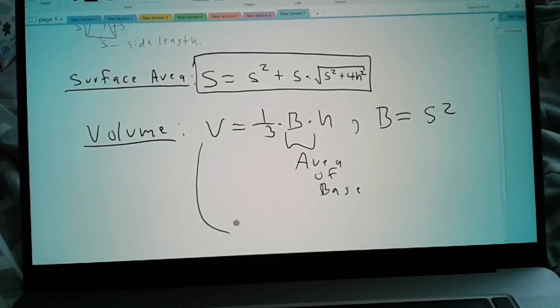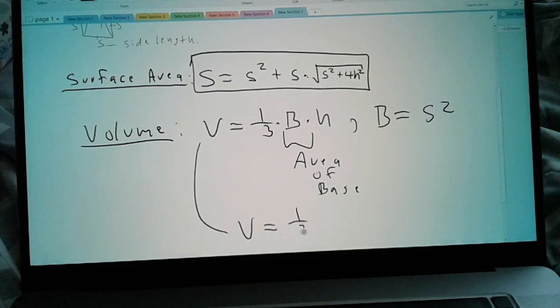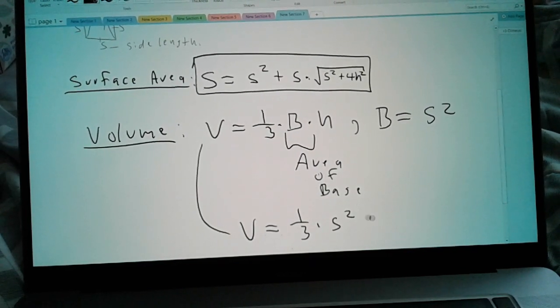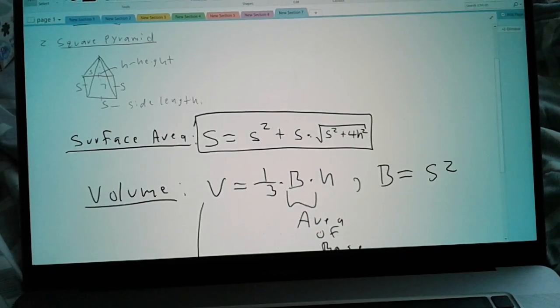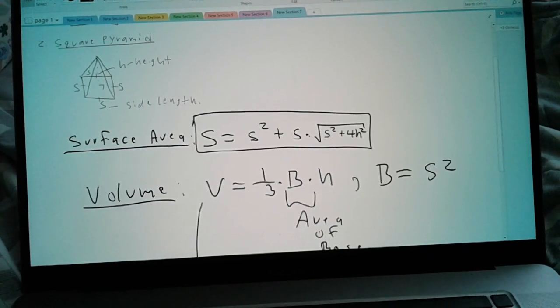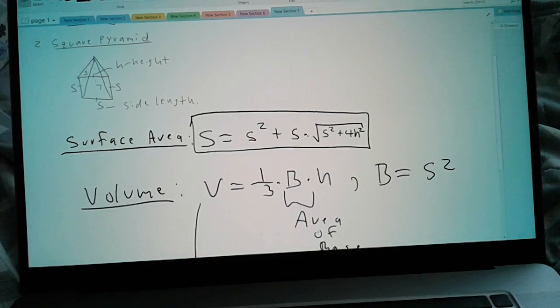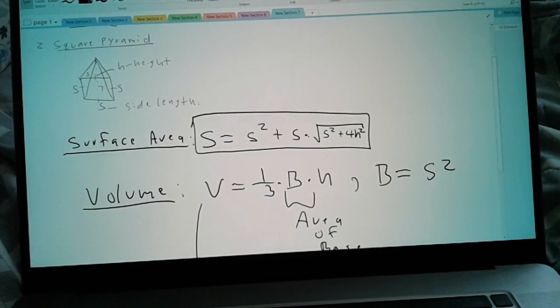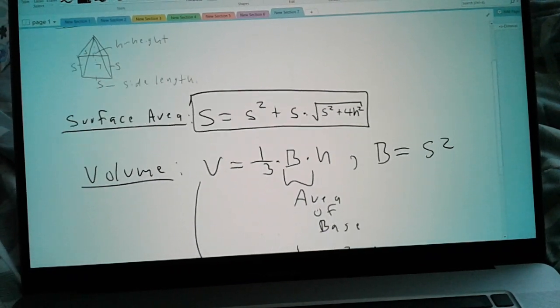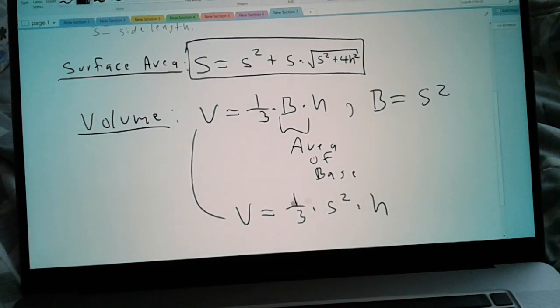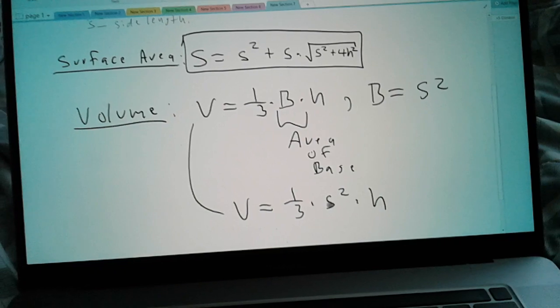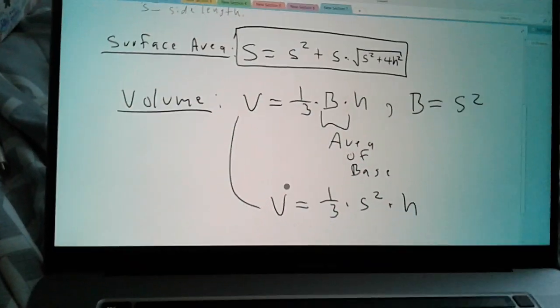In other words, this formula becomes 1/3 times S squared times H if you have a square base. Your pyramid might not have a square base; it might have a triangular base or a pentagon base, and then it would change. But in this case, it's a square, so the area of that would be S squared. So 1/3 times S squared times the height gives you the volume of the pyramid.